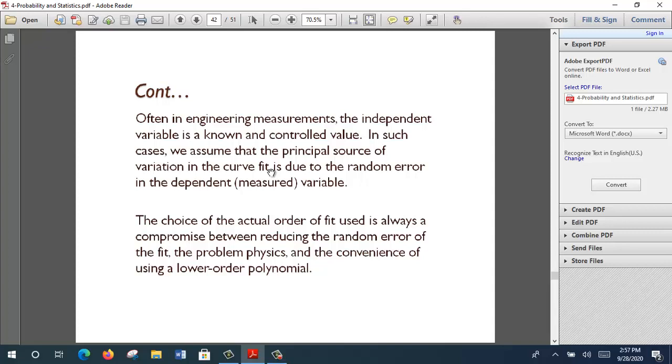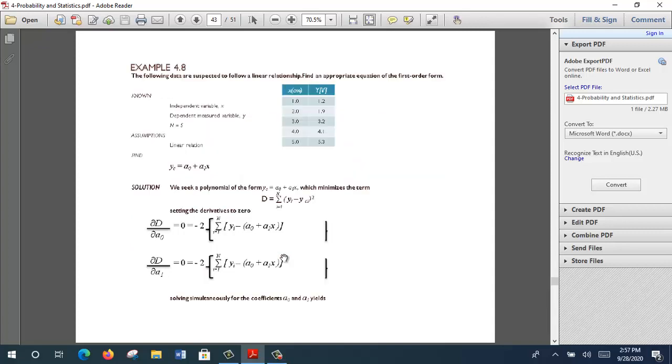The choice of the actual order of fit used is always a compromise between reducing the random error of the fit, the problem physics, and the convenience of using a lower order polynomial.